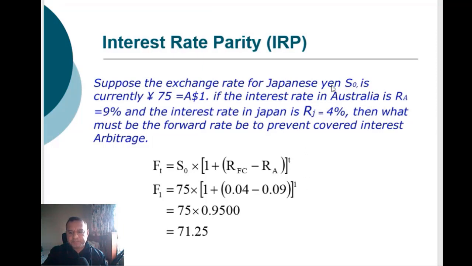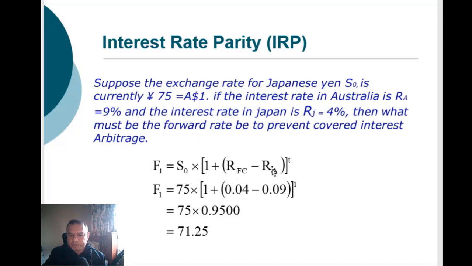Suppose the exchange rate for Japanese yen S0 is currently 75 yen equal to 1 Australian dollar. If the interest rate in Australia, RA, is 9% and the interest rate in Japan, RJ, is 4%, then what must be the forward rate to prevent covered interest arbitrage?